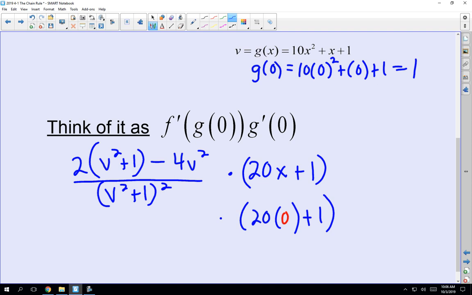So go back over here. We're thinking this is f prime of g of 0, g prime of 0. There's the g prime of 0 part.